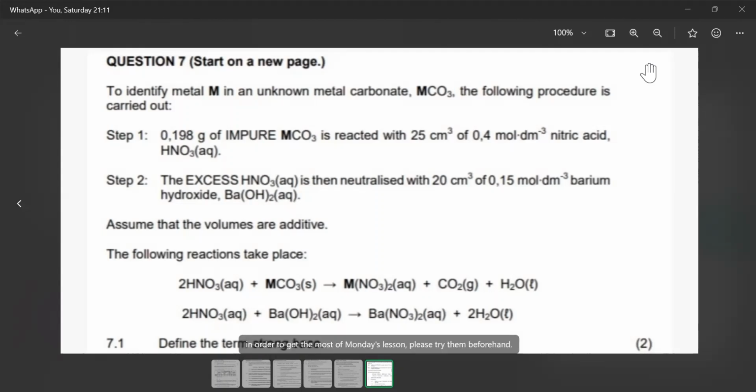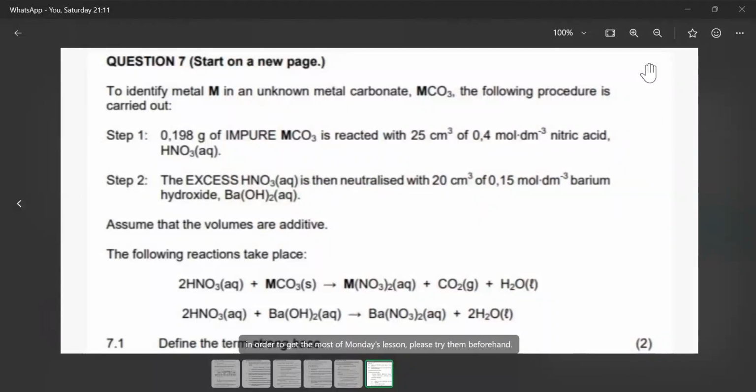In the second step, the excess nitric acid is then neutralized with 20 cubic centimeters of 0.15 mole per cubic decimeter barium hydroxide solution.